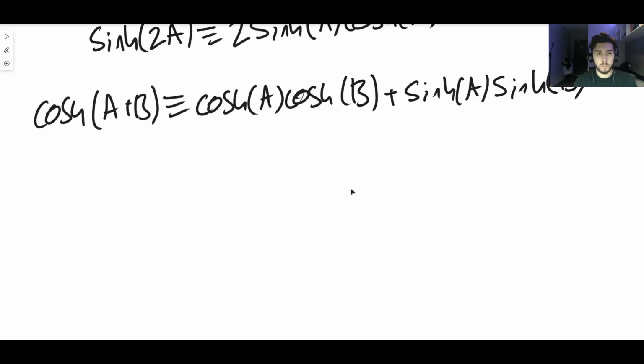So this is the identity for cosh. So how do we do this?